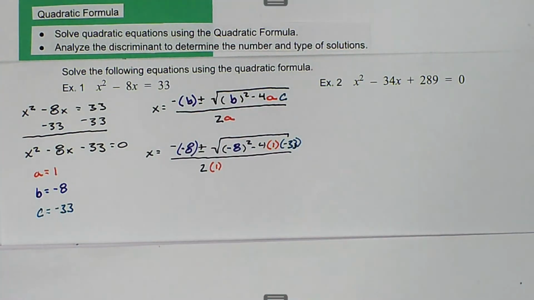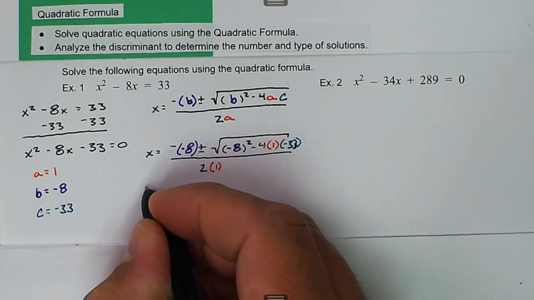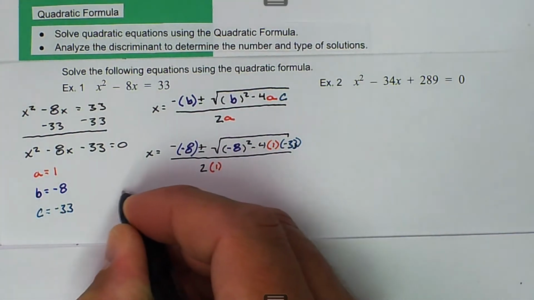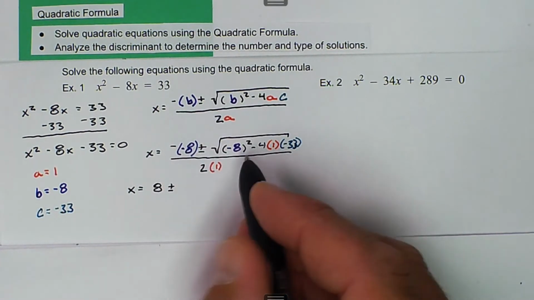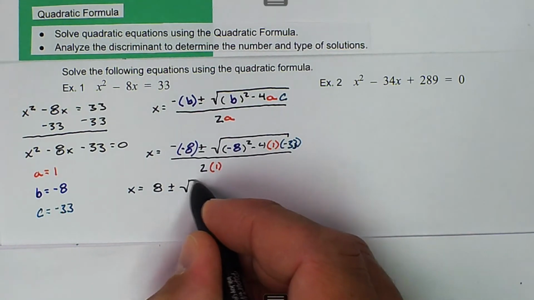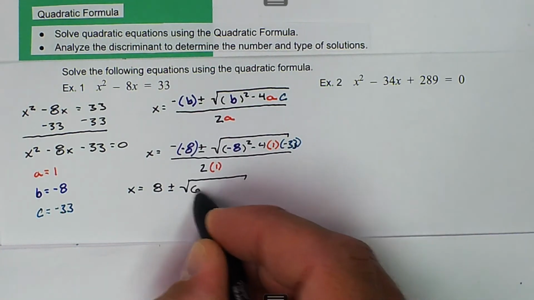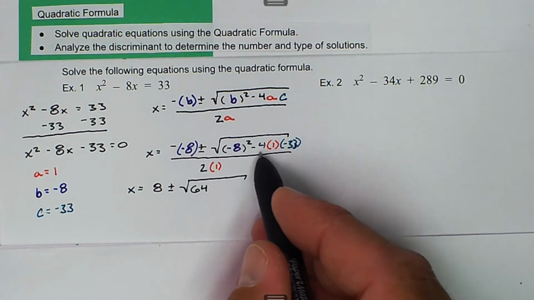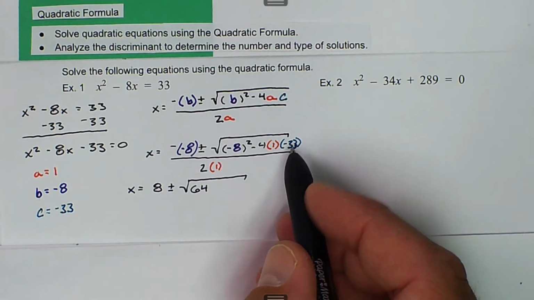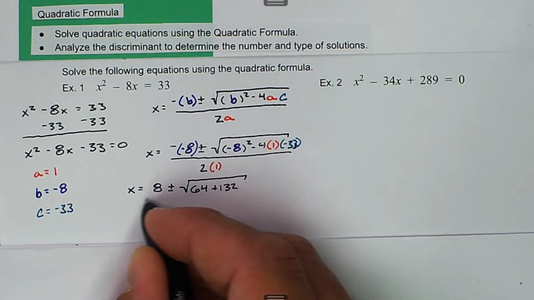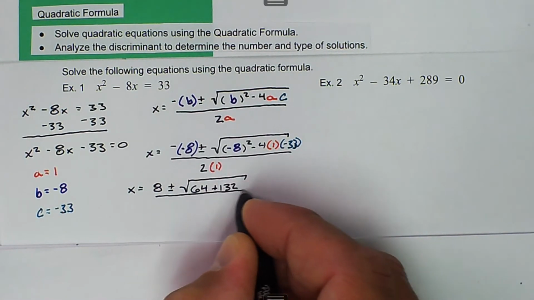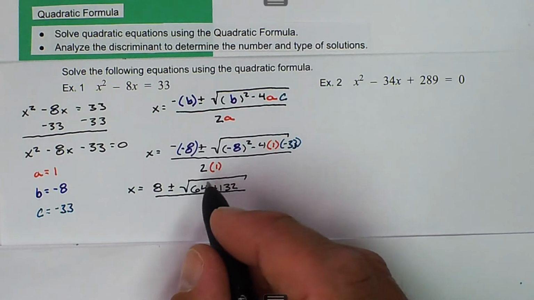So we can do some math in here. So we get x equals negative times negative is positive, plus or minus the square root of 64, and negative times a negative is a positive 132, and then all divided by 2.